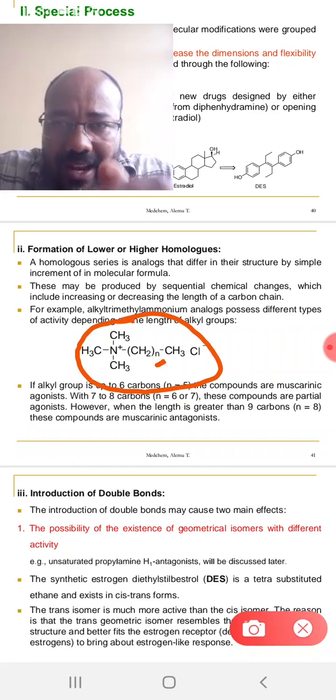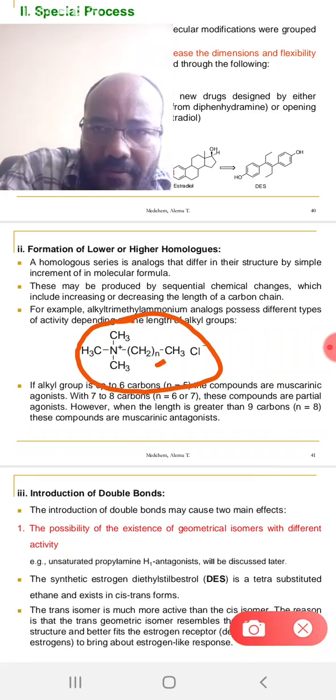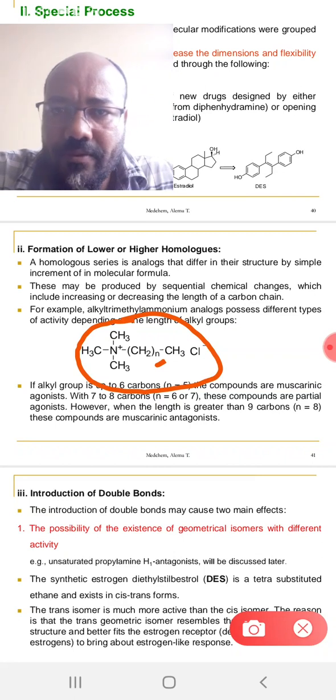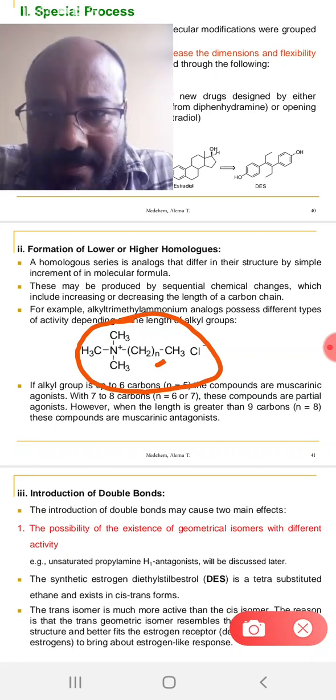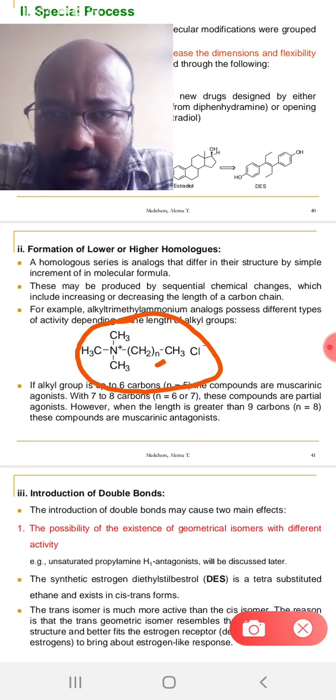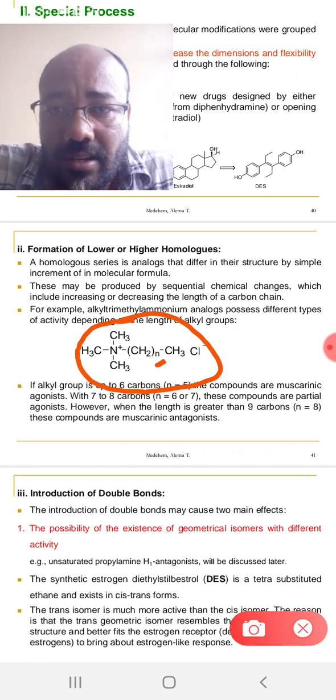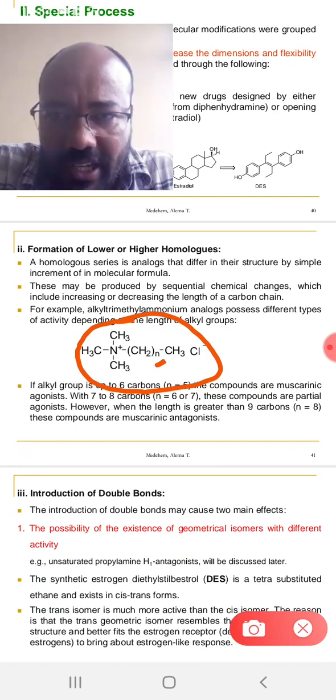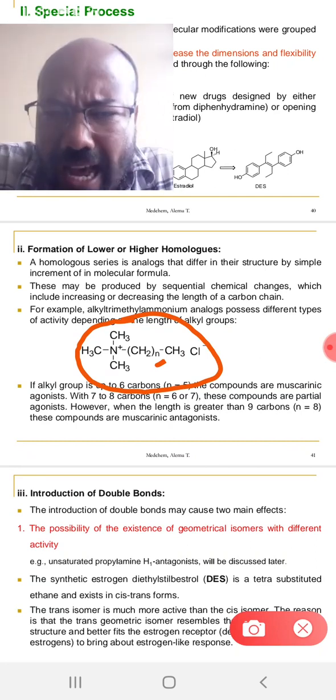But when you change the value of N from 5 to 6, 7, or 8, this activity will be changed. That means, if N is 5, it is a muscarinic full agonist.